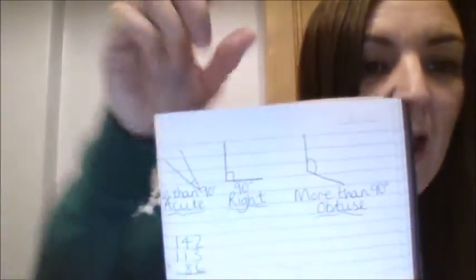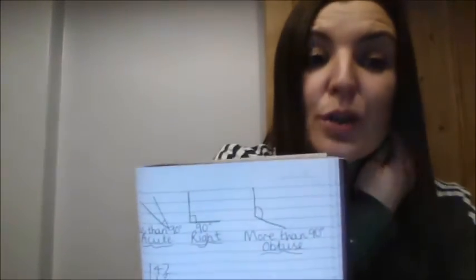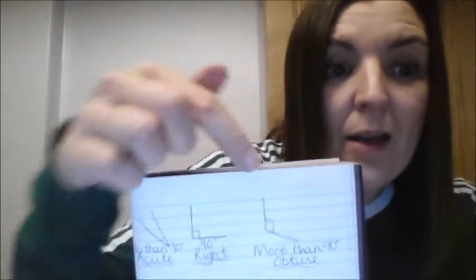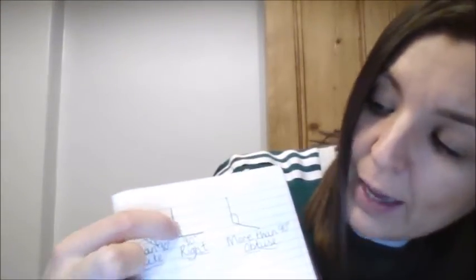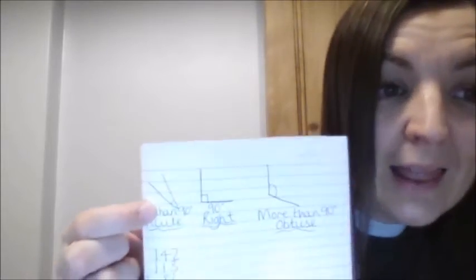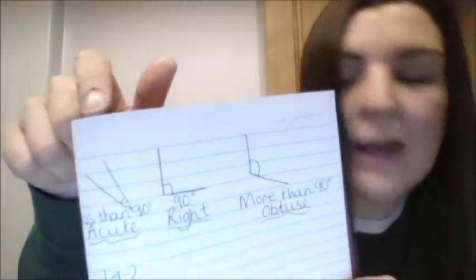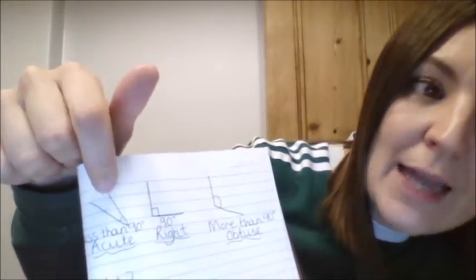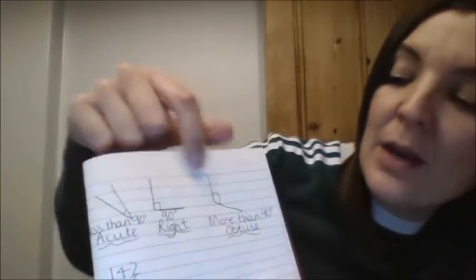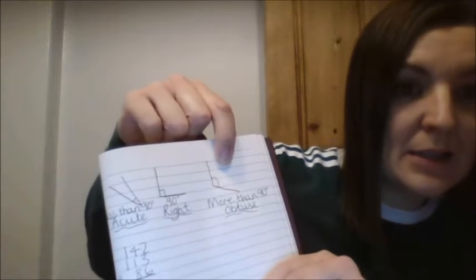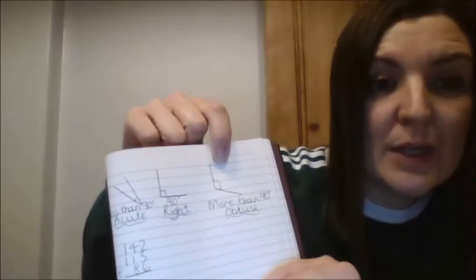That's where you've got two lines that join together and you get a little square. Anything less than a right angle, so 0 right up to 89 degrees, is an acute angle. Anything that is more than 90 degrees is called an obtuse angle.